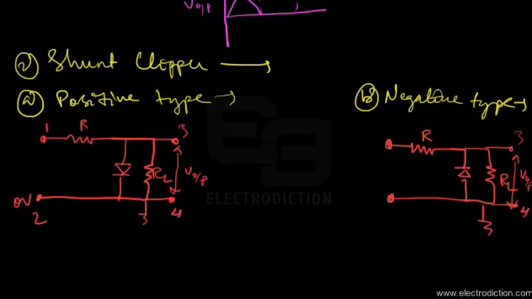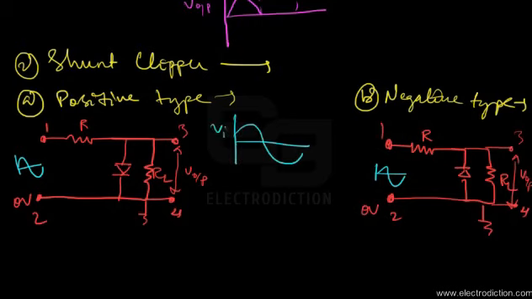This is terminal 1 and 2 at 0 volt. Now let's imagine that there is an input signal falling across both the positive and negative type of shunt clippers. Here we have our input signal, Vi, which is a sinusoidal input signal, of course.